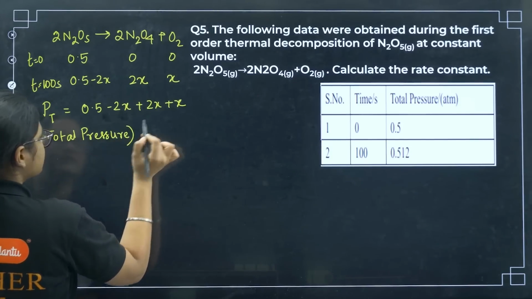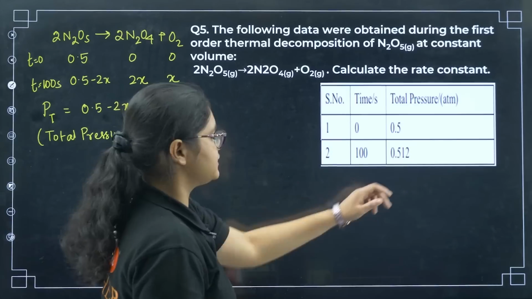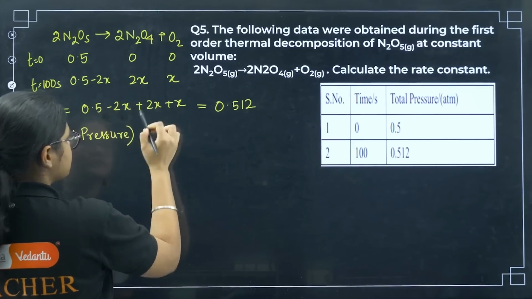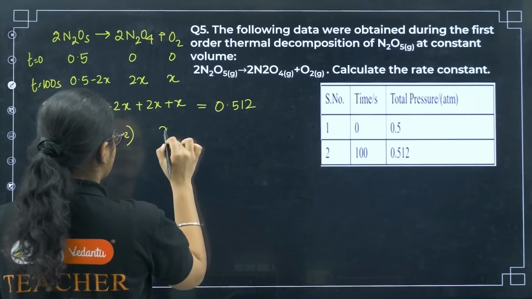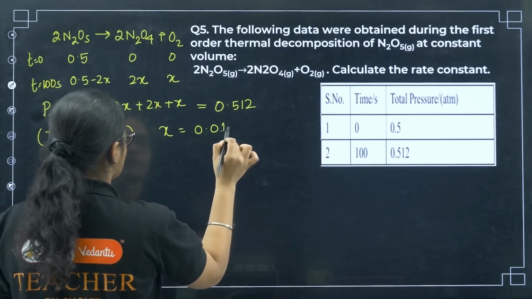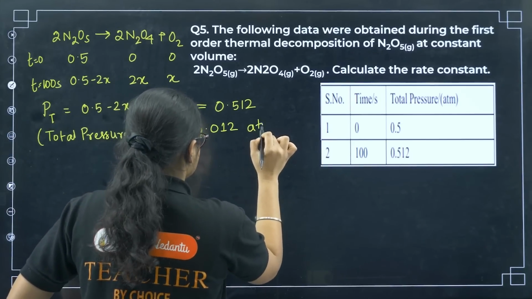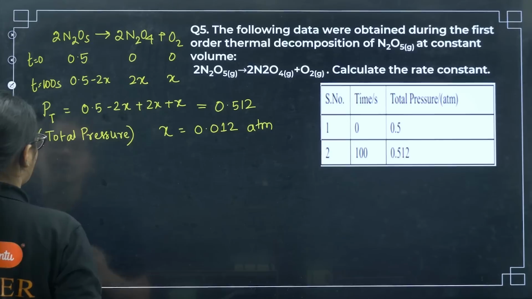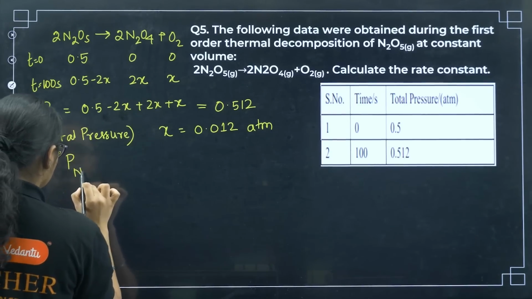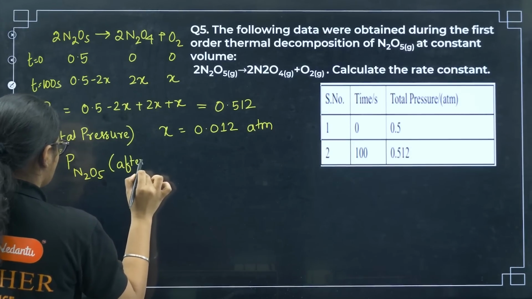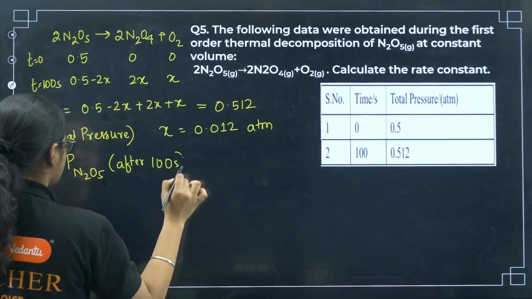Okay, now this total pressure according to the data is how much? 0.512, right? Now this 2x and this 2x will cancel, so I will get x is equal to 0.012 atm. Clear? Now I want to calculate pressure of N2O5 after 100 seconds.